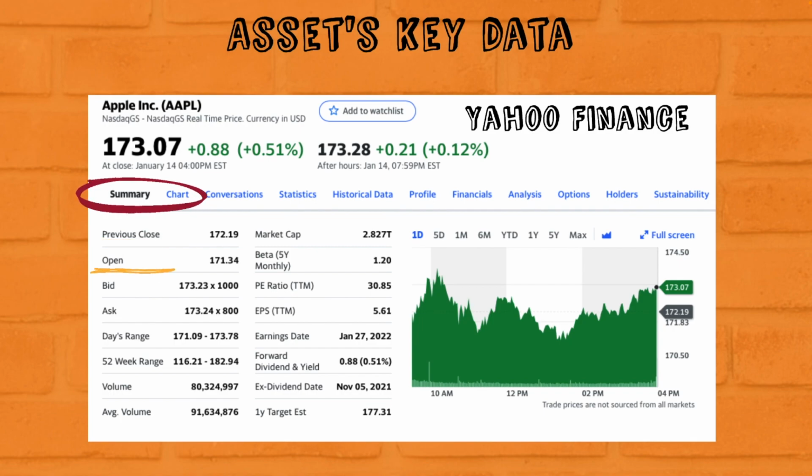Open price is the price of the security from the first trade of the day on the exchange. We will see a slightly different application of open and close prices later. Day's range is the total daily variation of the security. Volume is the total number of shares of a stock or amount of cryptocurrency traded in a given time frame. For example, for this daily data that you're looking at, the volume is the total number of trades today.